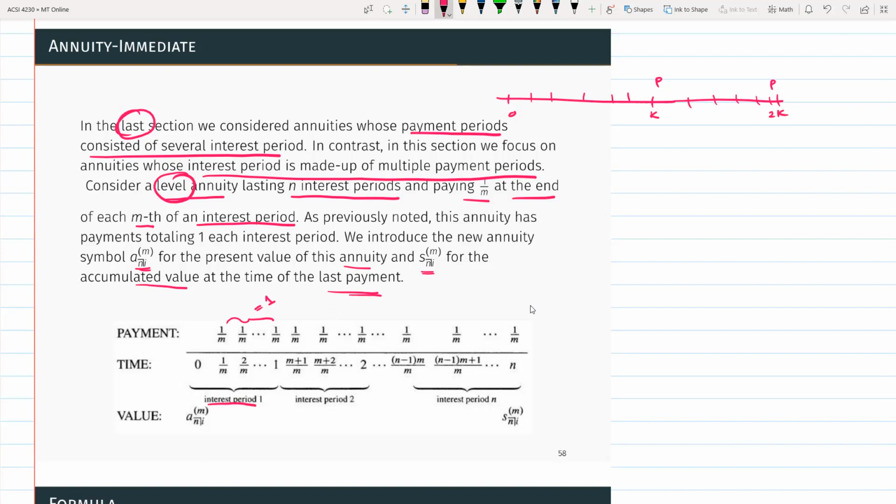One approach would be to calculate the effective interest rate for this small time period.